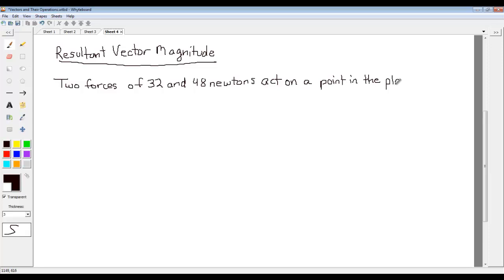We're going to act on the same point. So let's say you have some kind of load, and you're trying to pull it with 2 ropes or 2 chains. One of the ropes is applying a force of 32 newtons. The other is applying a force of 48 newtons, and the point in the plane might be your load. And they tell us that the angle between the forces is 76 degrees. So maybe your ropes are at a 76-degree angle.